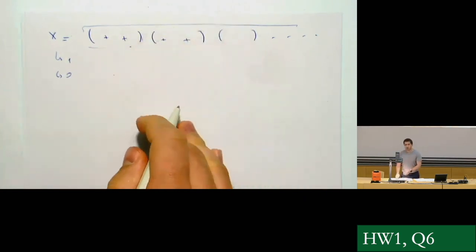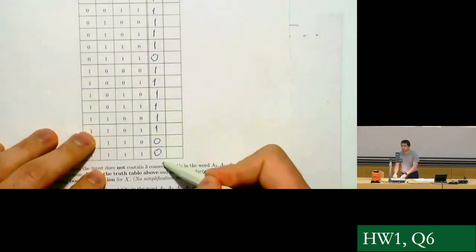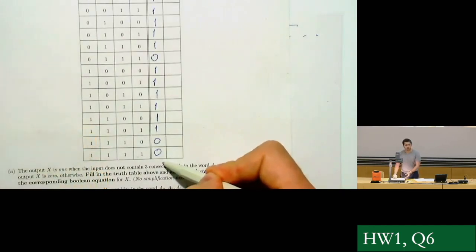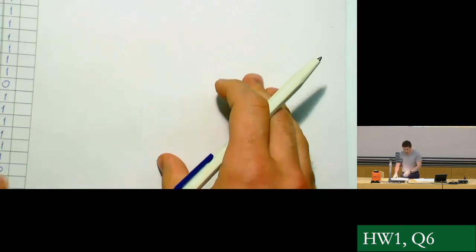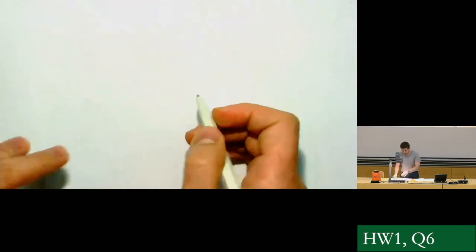I'm going to pick the second option here because it will be easier for me to write the Boolean equation, since I have fewer zeros, and I'm going to write my equation accordingly. So I'm going to try to make X 0 if one of those terms becomes 0.